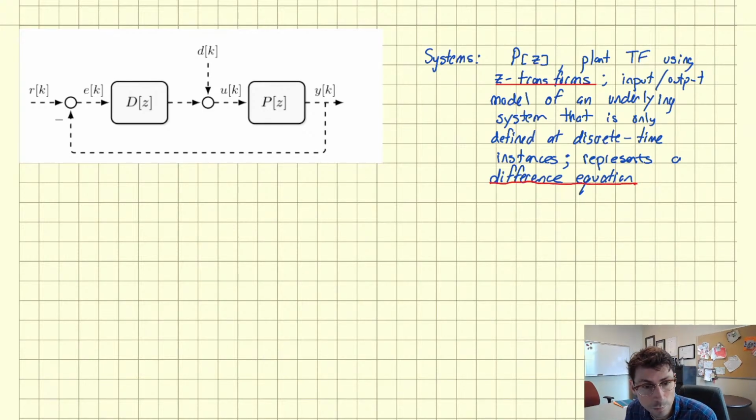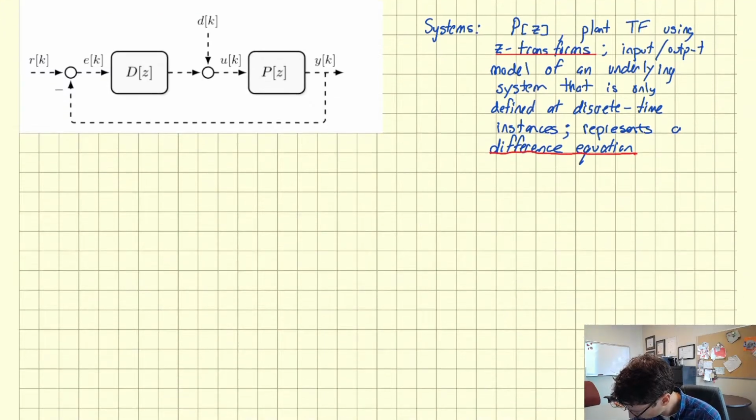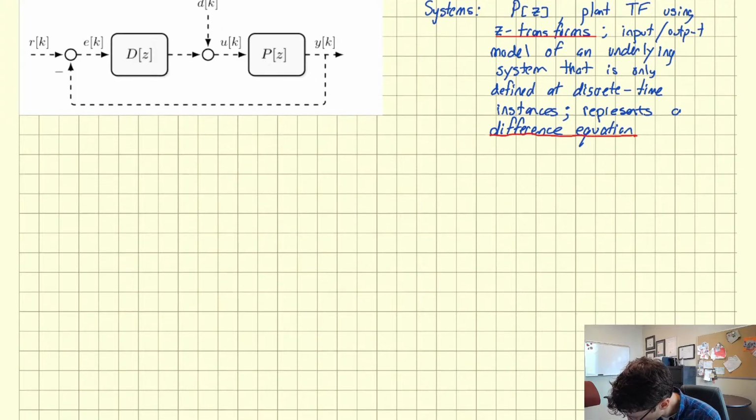So let's do a little mini example here to see what that looks like. Suppose that the plant, which produces the output y, is just a simple averaging, right? A moving average.